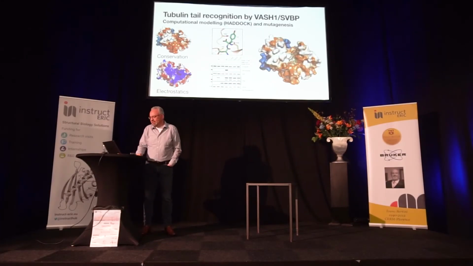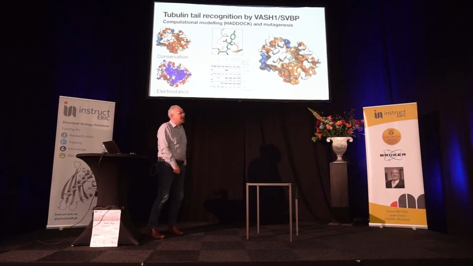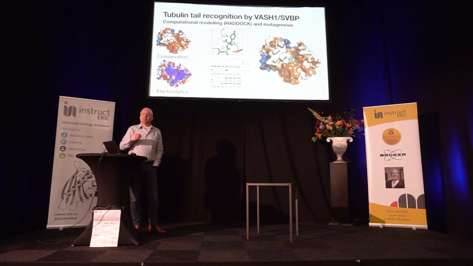What we also did at this point is look at the conservation colors, where orange is conserved, and you also see the electrostatics, you see this blue, and remember we had glutamates in the tail. It's becoming quite obvious where the glutamate tail is bound.